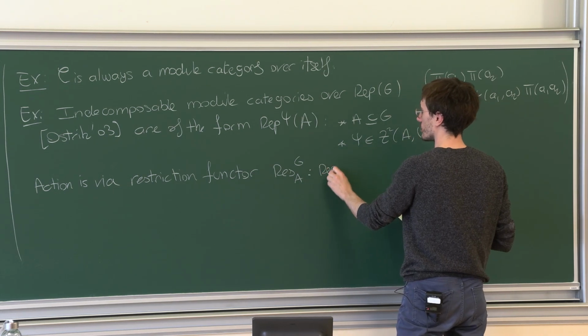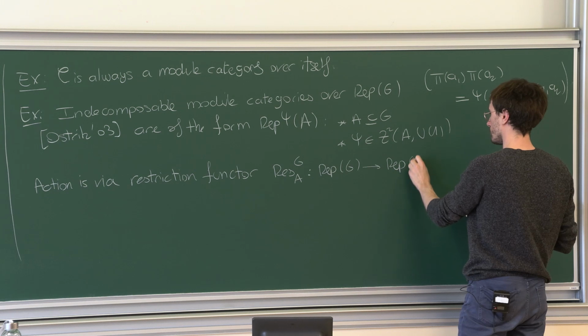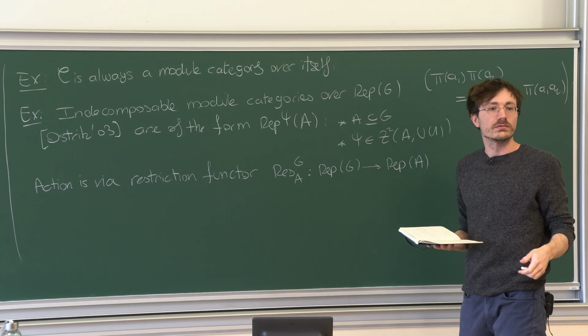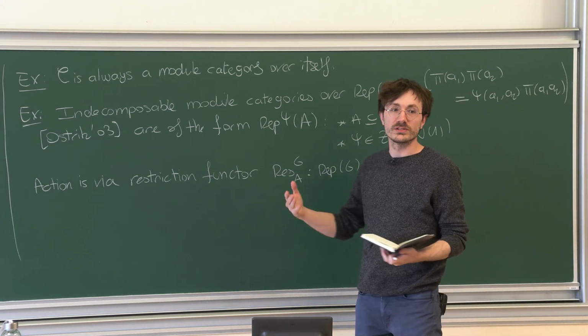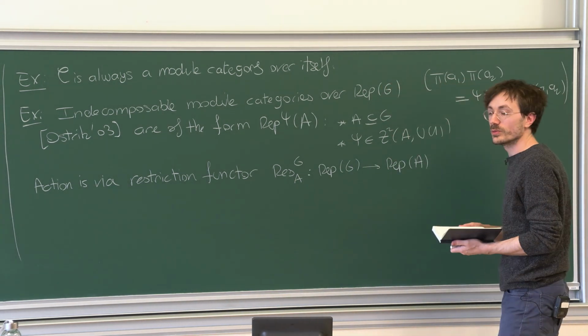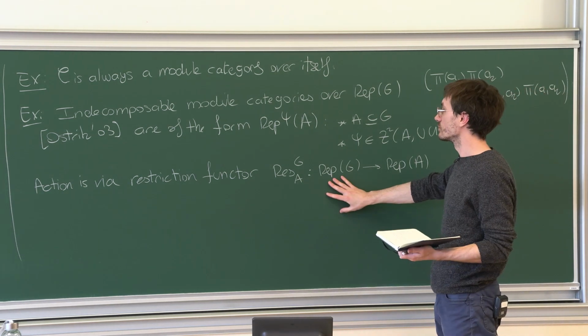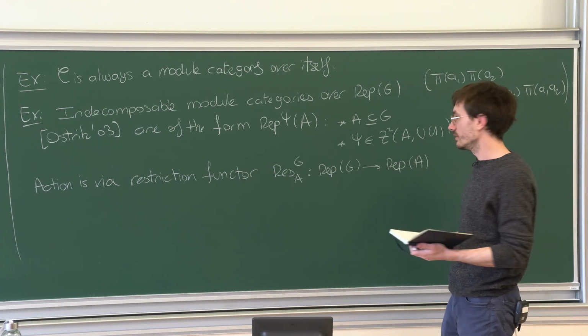Every time you have representations of a group, you can always restrict them to representations of the subgroup, right? Because a representation of a group is in particular a representation of its subgroup. It may not be irreducible; even if you start from an irreducible representation of the group, it may not be an irreducible representation of the subgroup, then you would decompose into irreps.